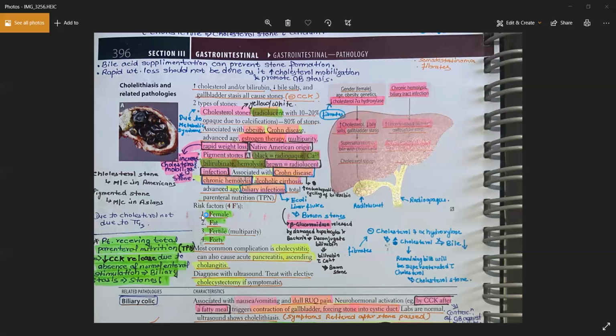Okay, and one more therapy, the fibrates. If you give the patient fibrate therapy, you will be inhibiting the enzyme cholesterol 7 alpha hydroxylase. And as a result, you can have cholesterol stone formation also. This is another important cause. I think First Aid didn't mention it here, right?